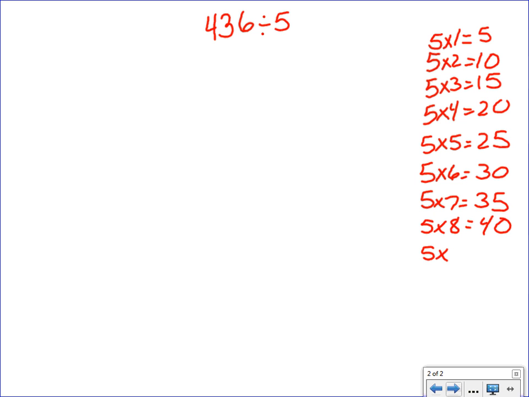And again, I'm just doing this to give me a starting point. And again, if I wanted to, I can go up to 5 times 12. It's all up to what I want to do. But I like to go to 5 times 10.